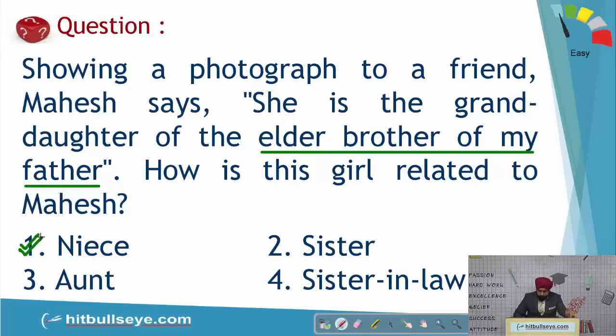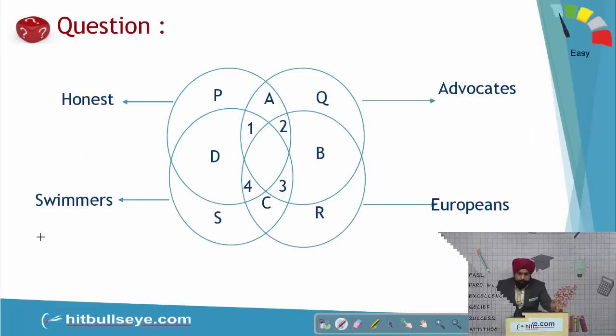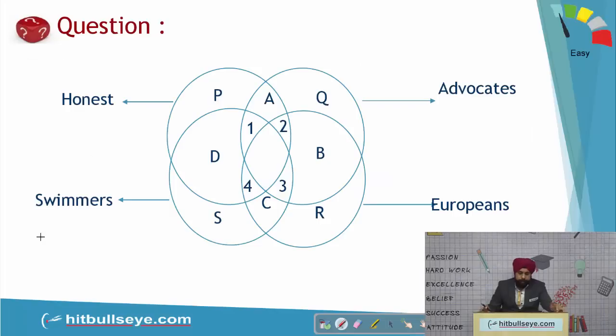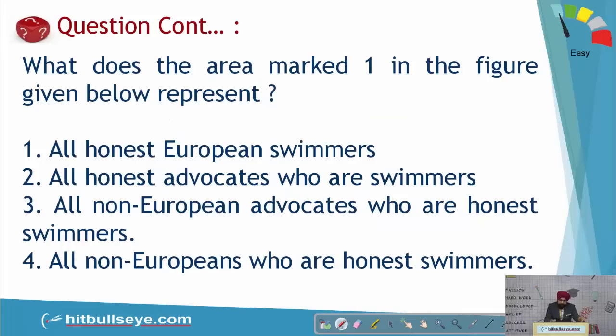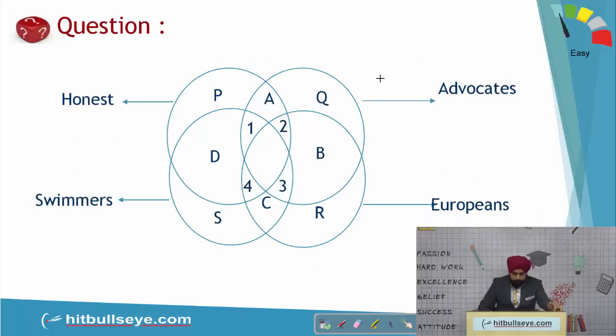Right, students? Then is this question: honest advocates, swimmers and Europeans. Normally it asked about any particular number defines what. Let's see the question. It says area marked 1. Let's have a look.